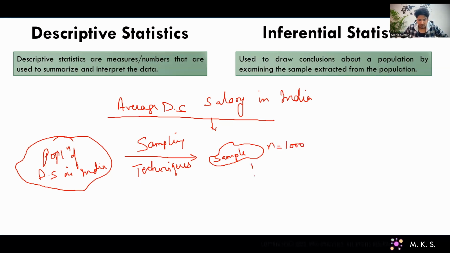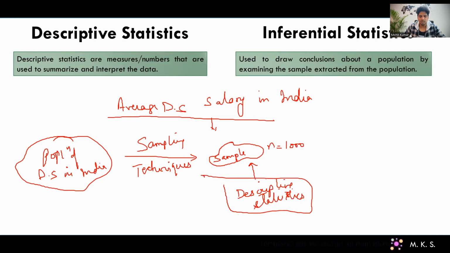Now, the first important part is that you have extracted the sample, and you have to characterize it. You have to explain or summarize that sample in a meaningful manner. For that purpose, we use descriptive statistics. All the measures depend on the analysis you want to do. You have different types of measures, like central tendency: mean, median, mode; measures of variability like standard deviation, variance, interquartile range; and measures of shape like skewness and kurtosis.